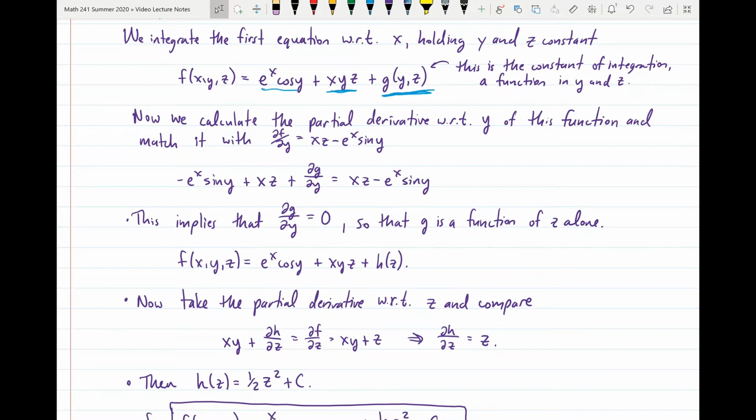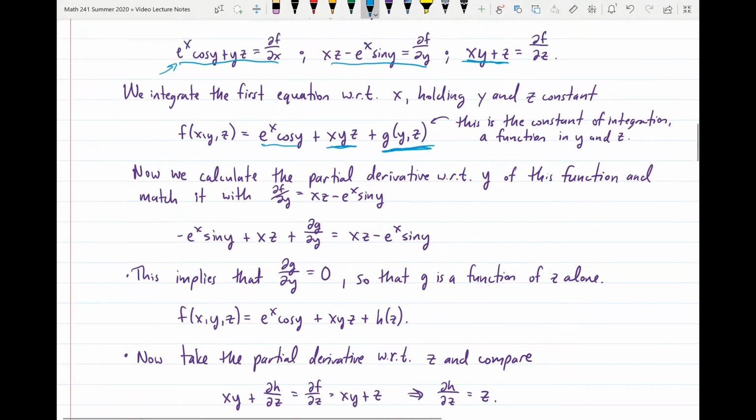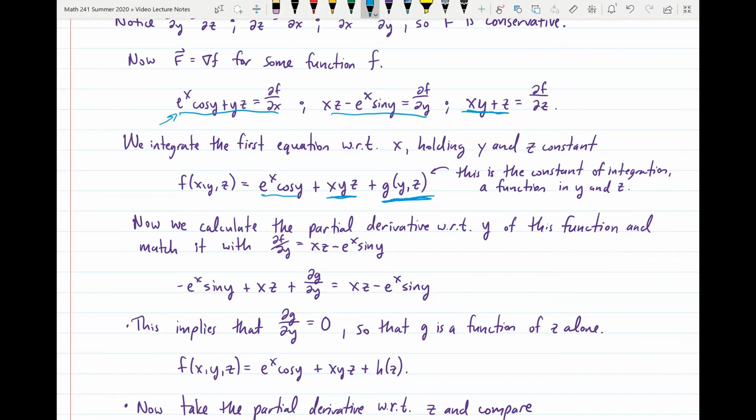And from here, we want to calculate the partial derivative of this f of x, y, z that we just constructed with respect to the variable y, and then match it with what we expect to get when we take the partial derivative of f from this equation up above.